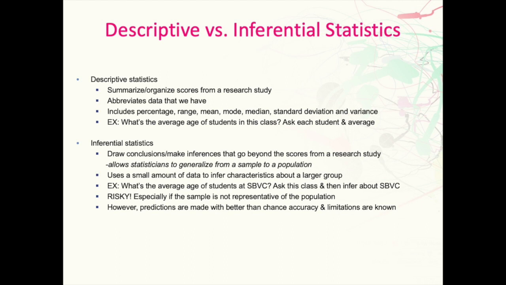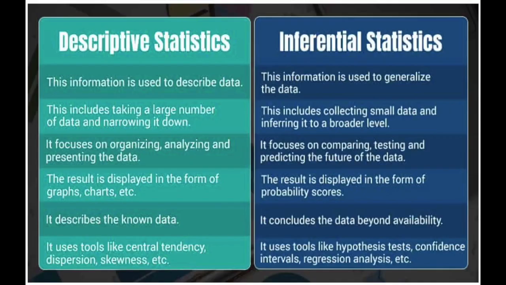Because the predictions that we make using stats are better than just guessing out of thin air, which we would call chance accuracy. And also with inferential stats, we know what the limitations are and we acknowledge and report them. So it gives us a lot of information and helps us to better understand the world in which we live.